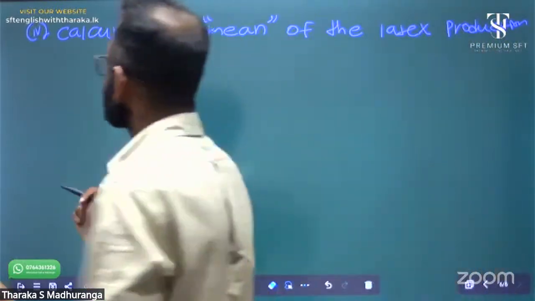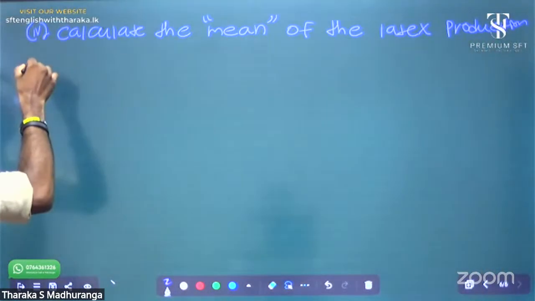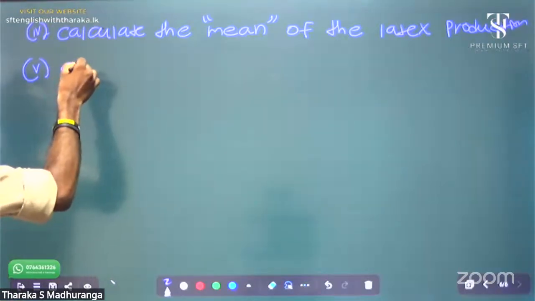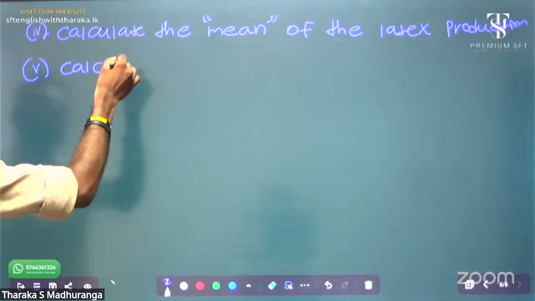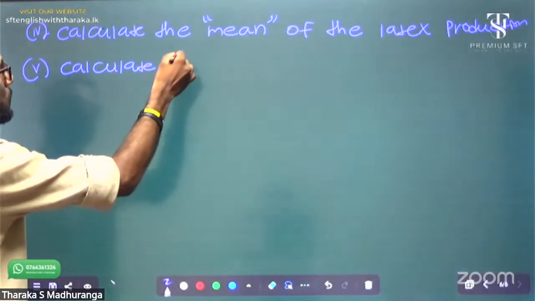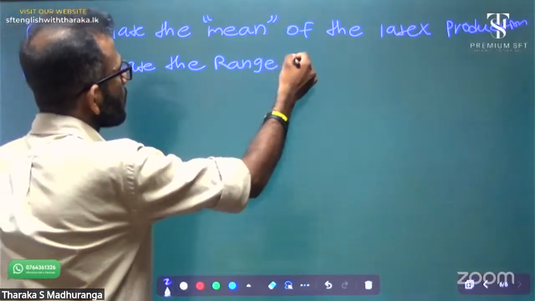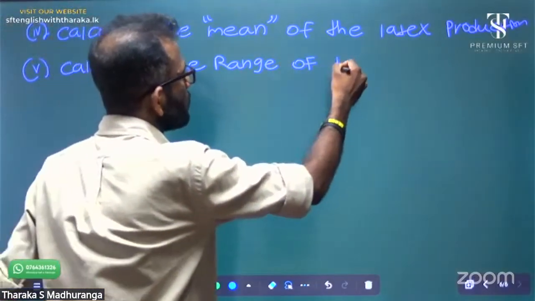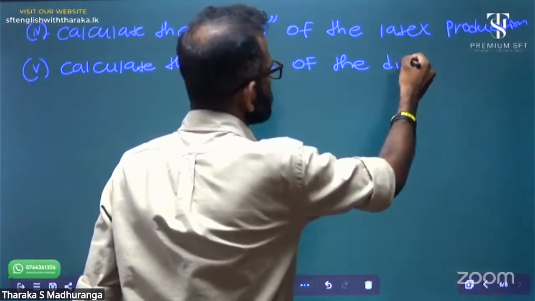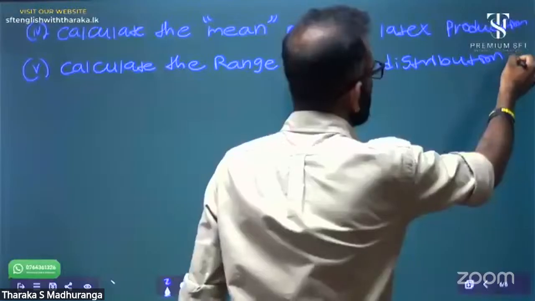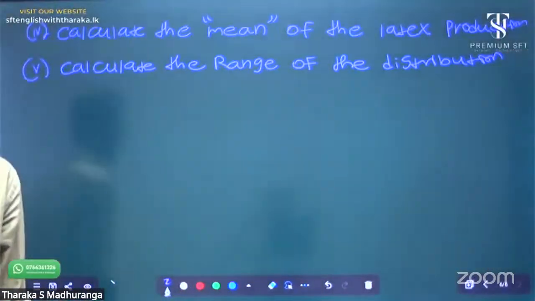Fifth one: calculate the range of the distribution.